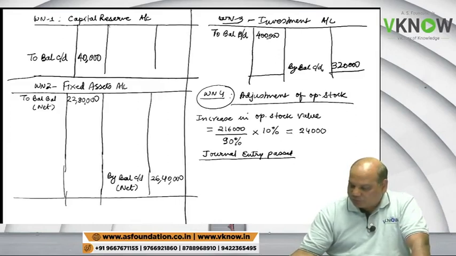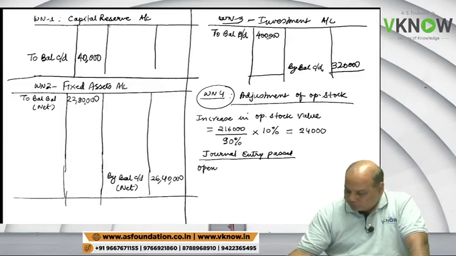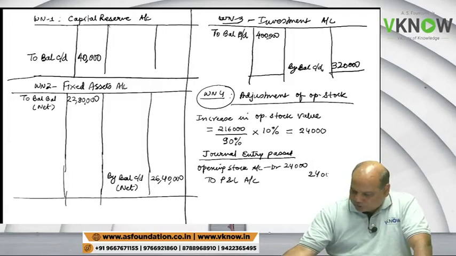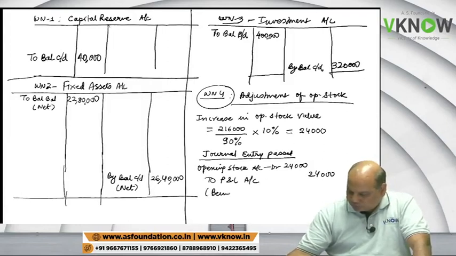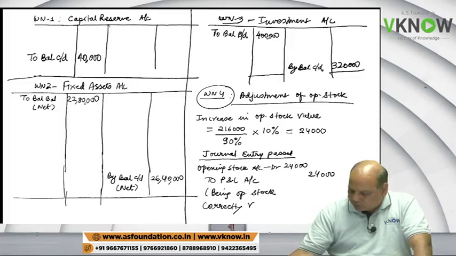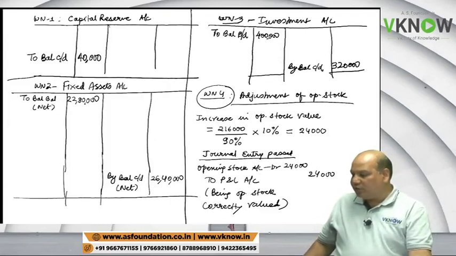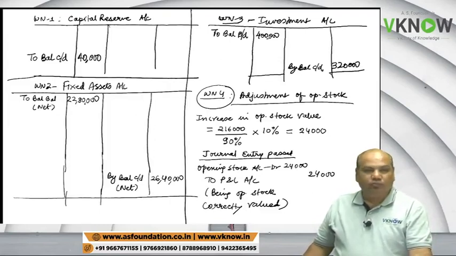The journal entry passed by this company would be: opening stock account debit 24,000 to P&L account 24,000, being opening stock correctly valued. First you do this much.